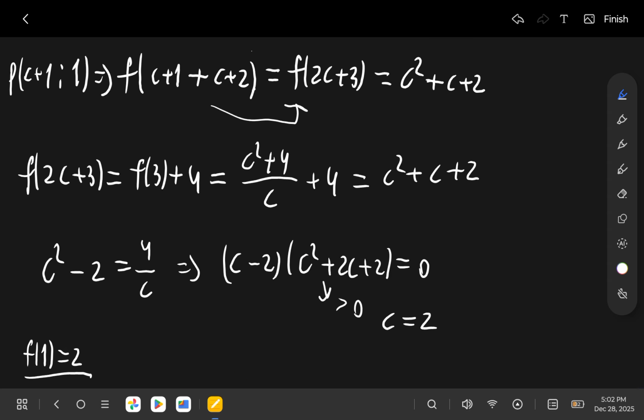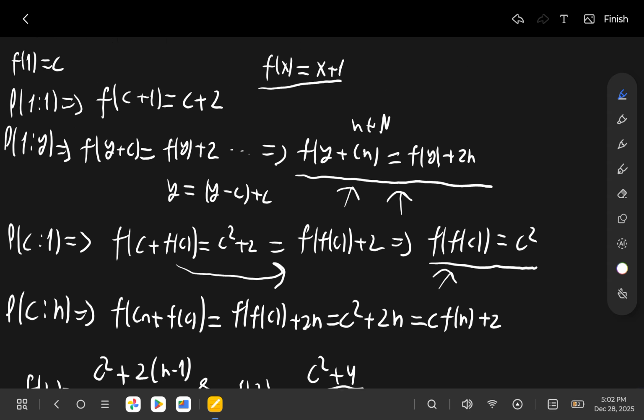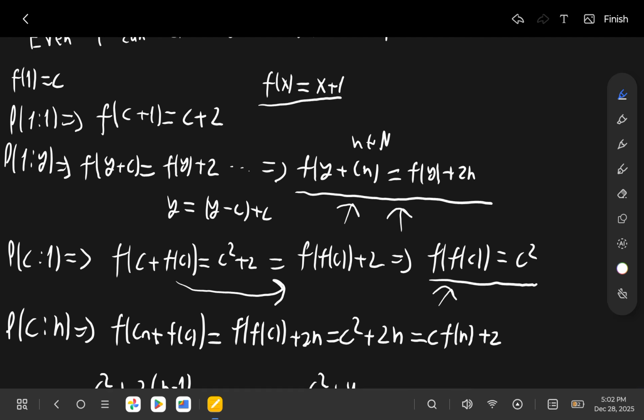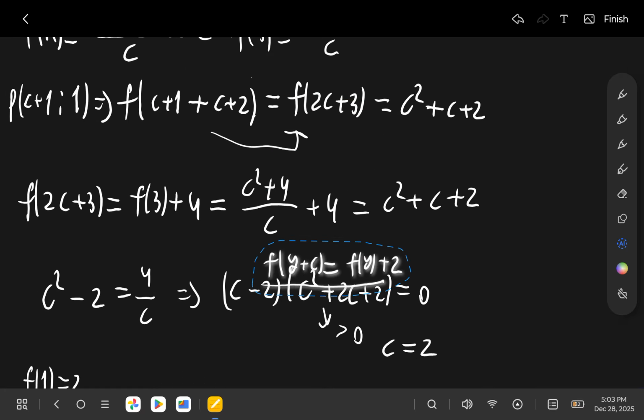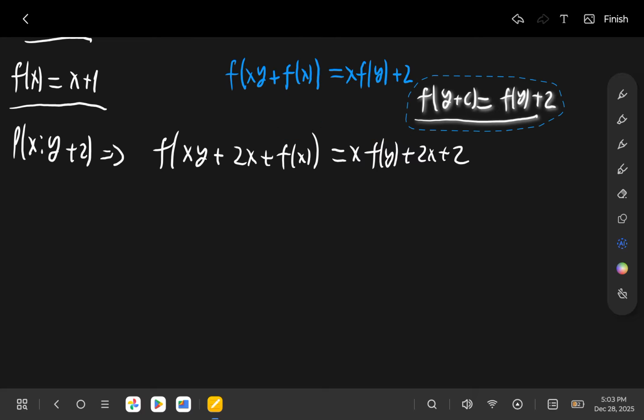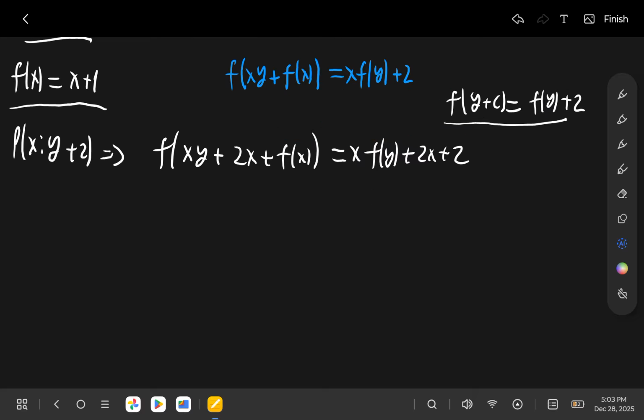Now this is because right here we had this, so we know this. Since c equals 2, we get that f(y + 2) equals f(y) + 2. So that's the reason why we get this.